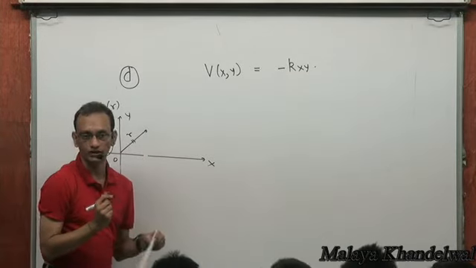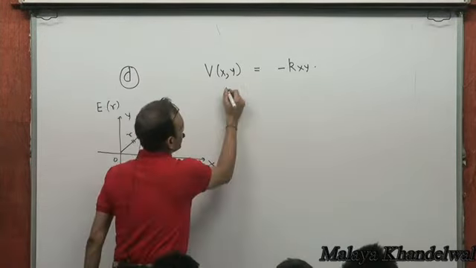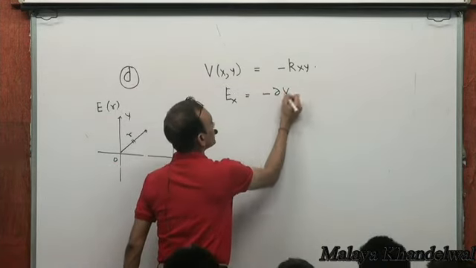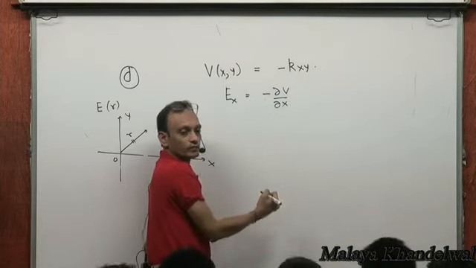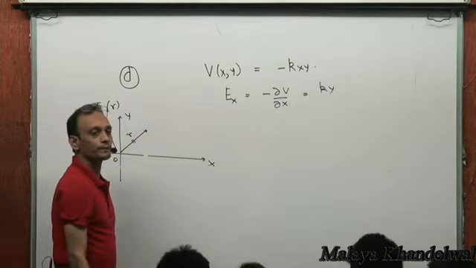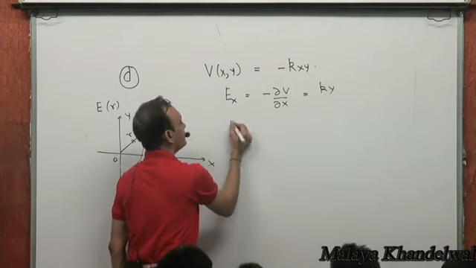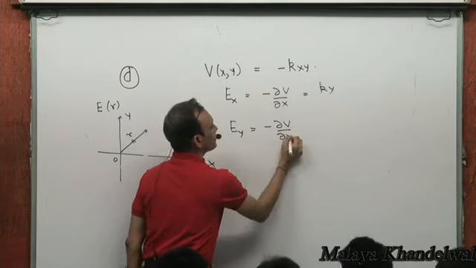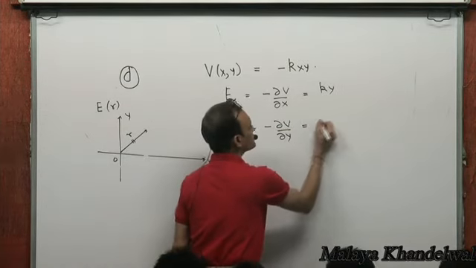That is what we need to find, right? Now realize that the x component of the electric field is always given by minus dou V dou x, which is like k times y. The y component is given by minus dou V dou y, which is k times x.